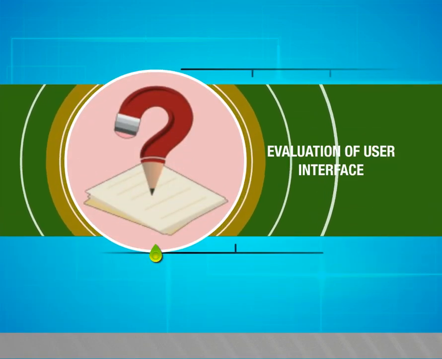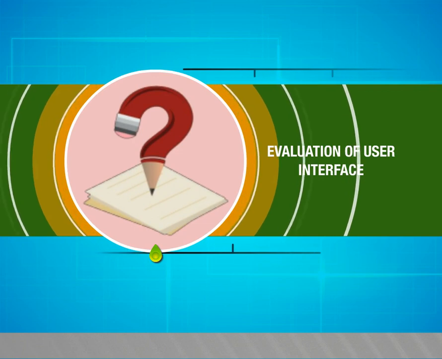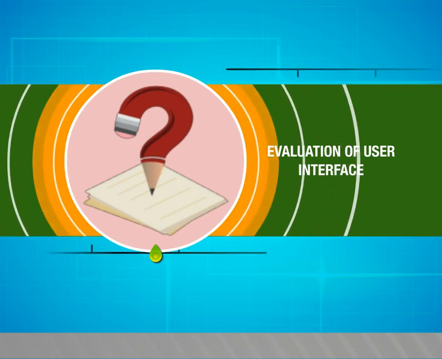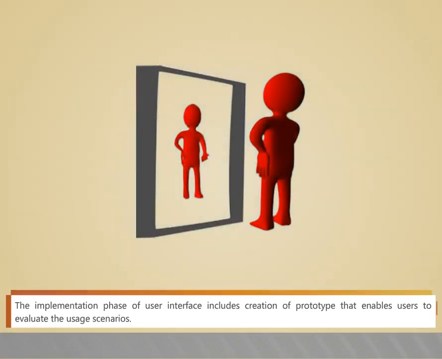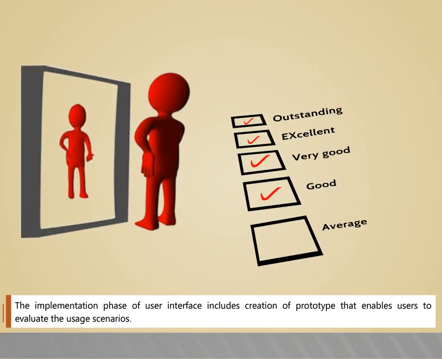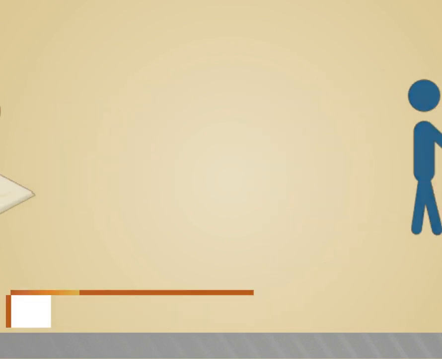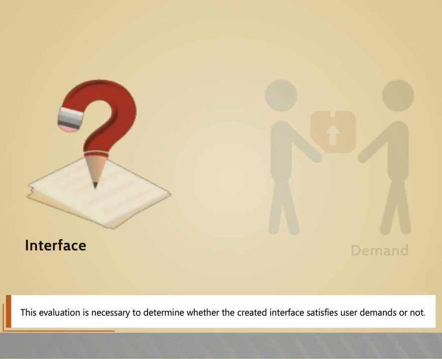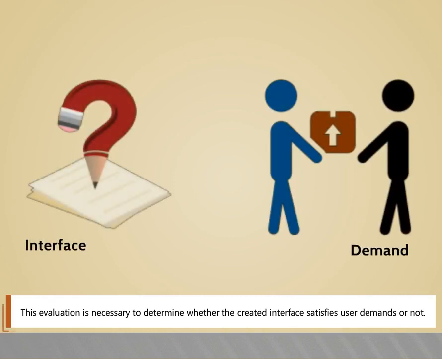Evaluation of user interface. In this video, we are going to see about evaluation of user interface. The implementation phase of user interface includes creation of prototype that enables users to evaluate the usage scenarios. This evaluation is necessary to determine whether the created interface satisfies user demands or not.